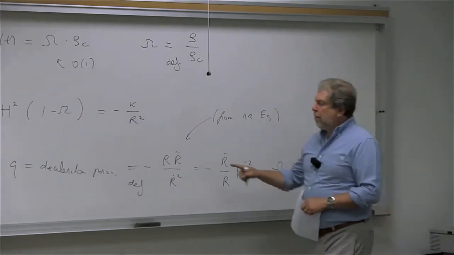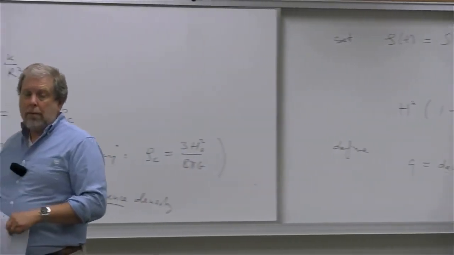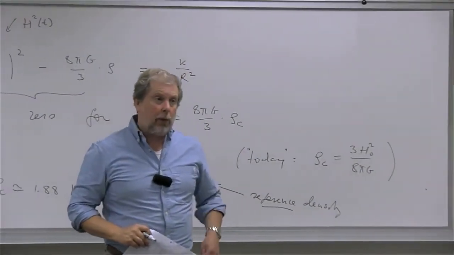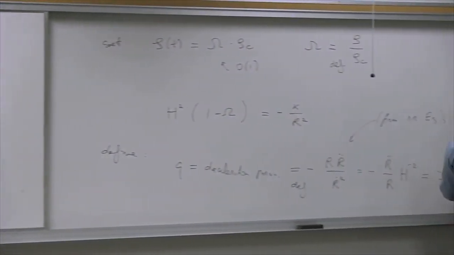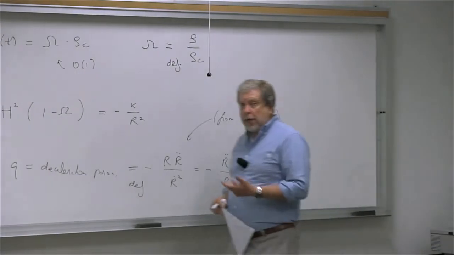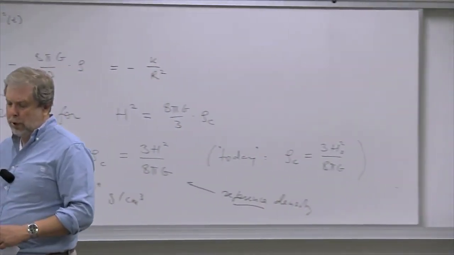So that means that in fact we can measure this omega, this fraction, by measuring the deceleration. So this deceleration parameter gives a direct measurement of this omega, but of course again we're measuring at today, at t equal to t naught.